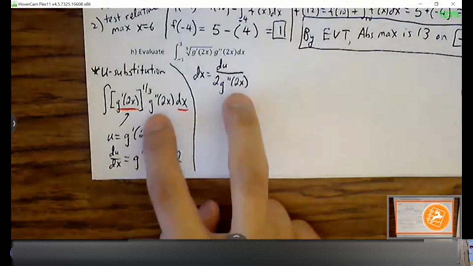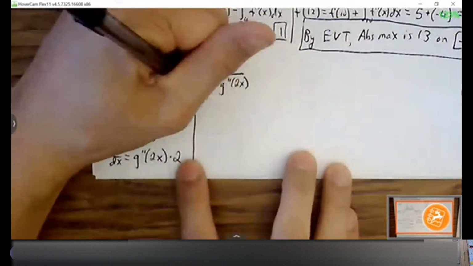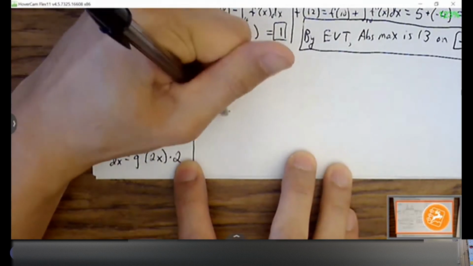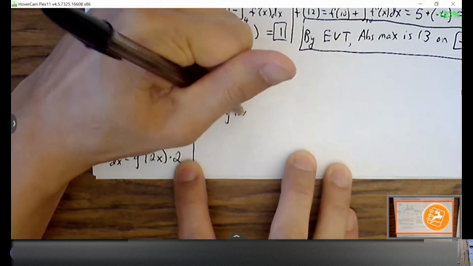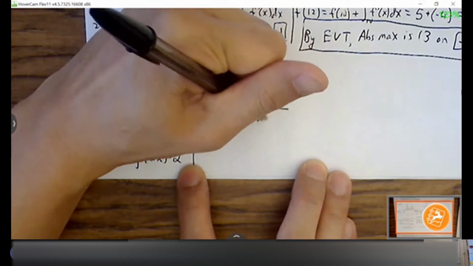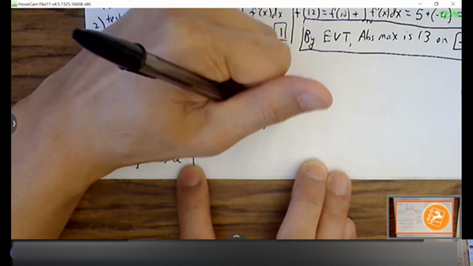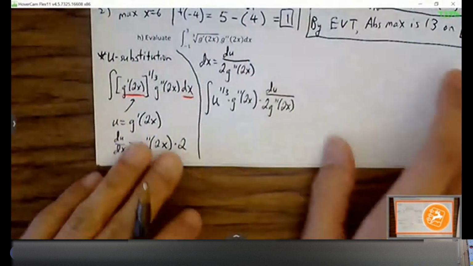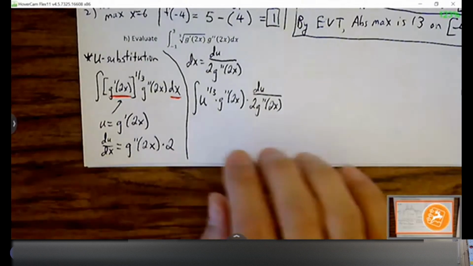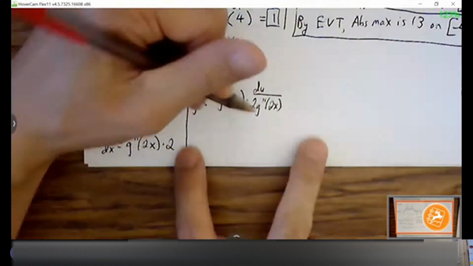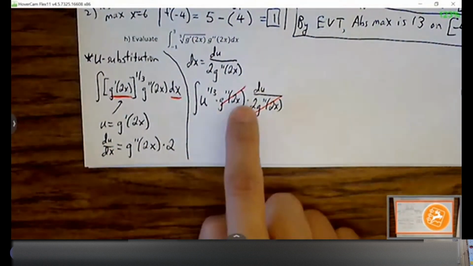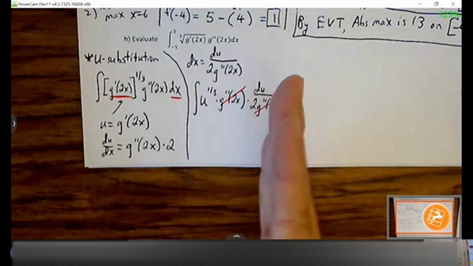And we make our substitutions. And we see some cleanup that allows us to work this out, right? So the g double prime 2x goes away nicely. A 2 gets pulled in front, but that 2 is in the denominator, right?